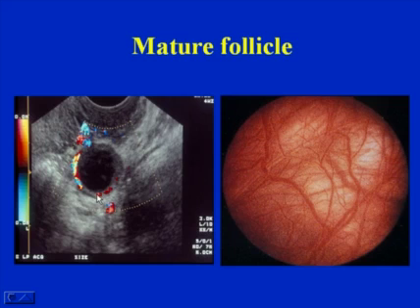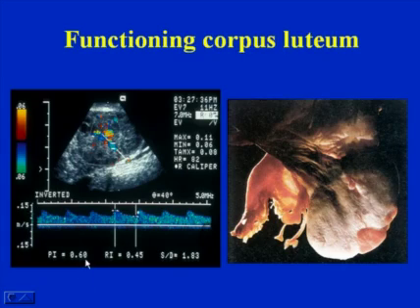We can see this visually here in this mature follicle, where there's vascularity around the periphery and a hypovascular space, which is an area where ovulation is going to occur. After ovulation occurs, there's formation of a corpus luteum.